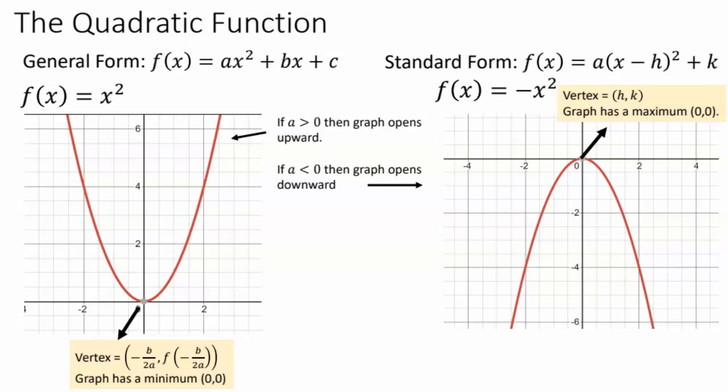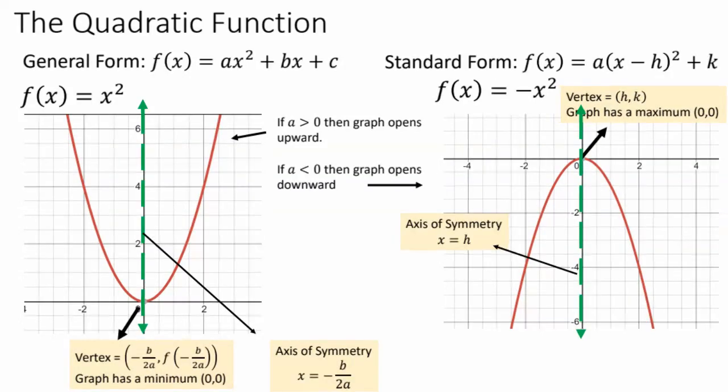To find the x value of the vertex of a quadratic, you're going to do minus b over 2a. That will give us the x value of the vertex. And to get the y value, all we have to do is plug this result, the negative b over 2a, back into the function, and that's going to give us our y value of the vertex. Okay? So this is a new tool to help us find the vertex.